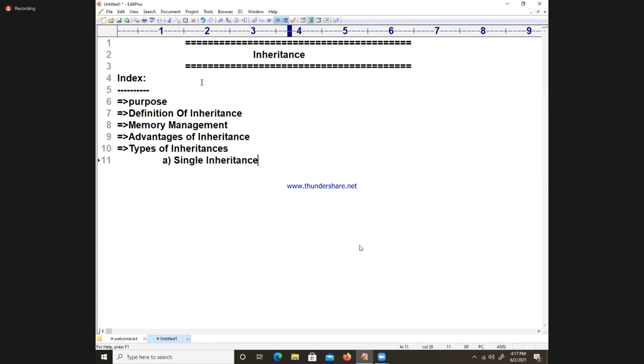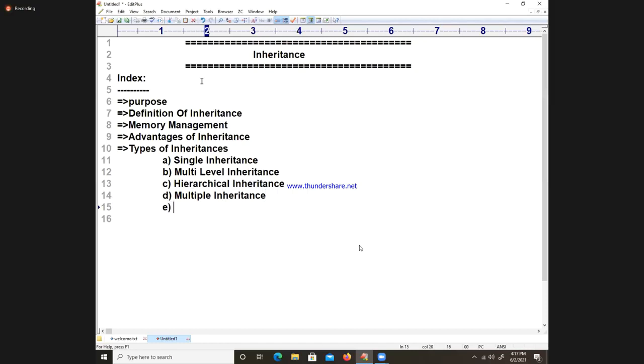Next is multi-level inheritance. Next, C is hierarchical inheritance. The next, D, is multiple inheritance.